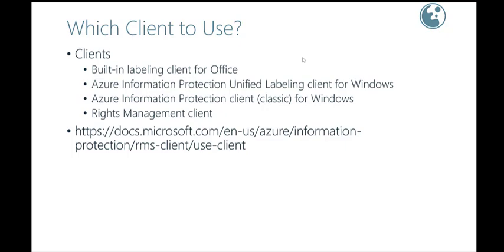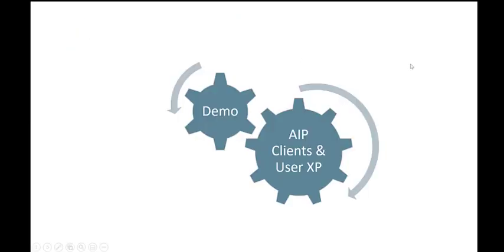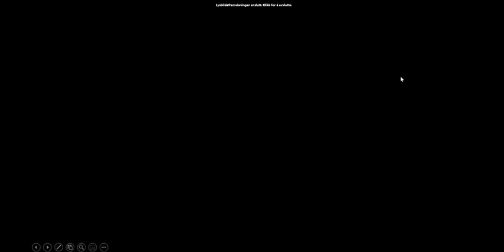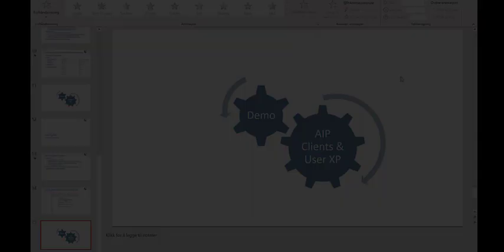And you should look into that really for carefully examining what client you really need to use. But now in the following demo, I will show a little bit how this information can be processed using the different kind of clients.